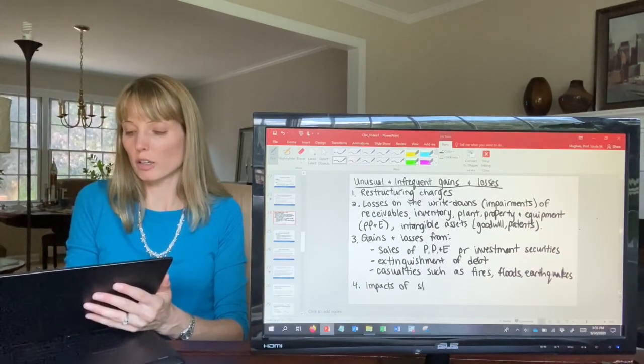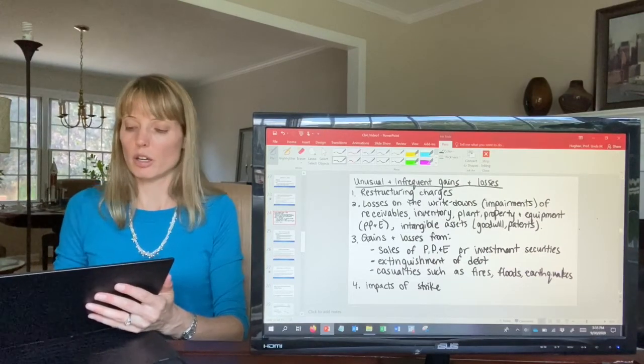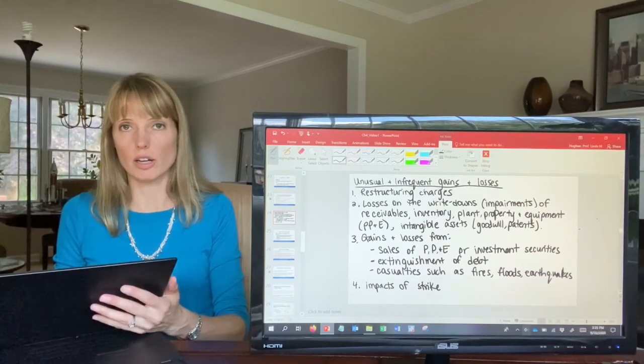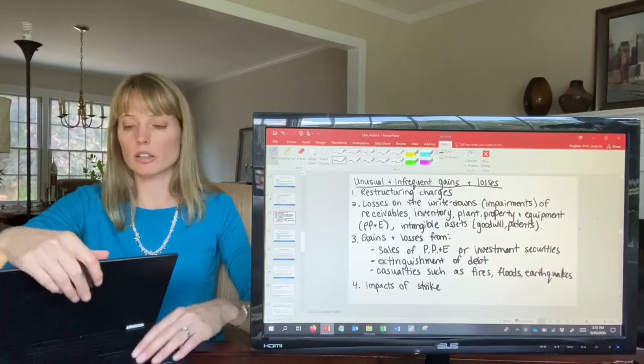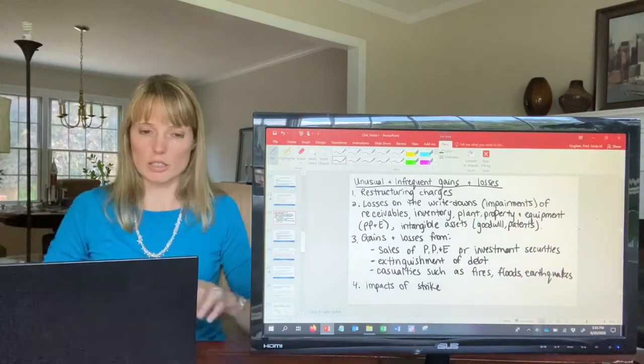Impacts of a strike or any other major unexpected loss that happens to a company. Now let's take a look at a few of these items in closer detail.